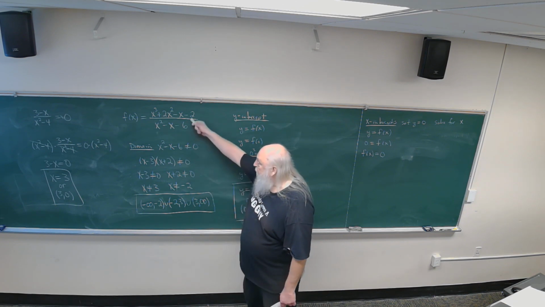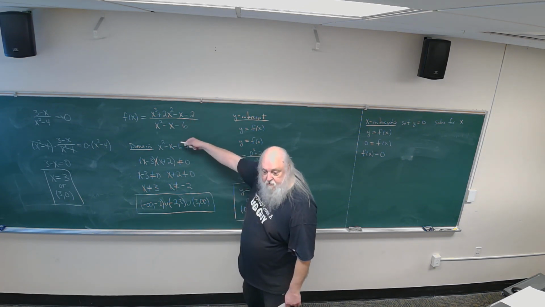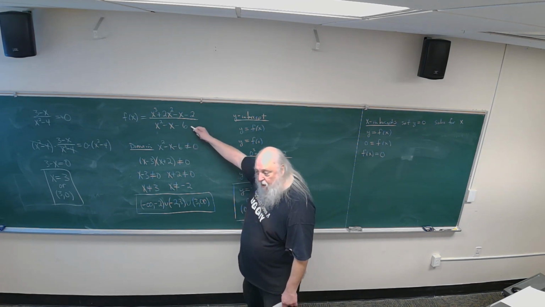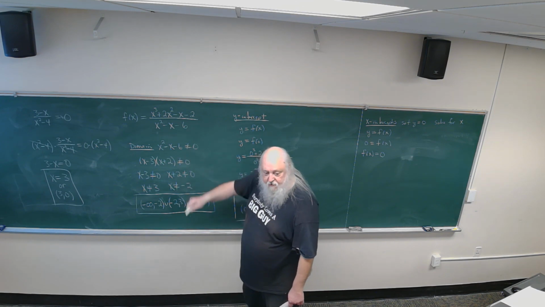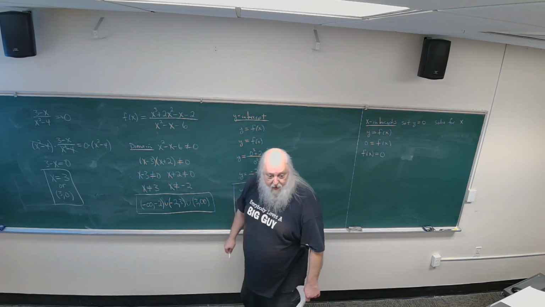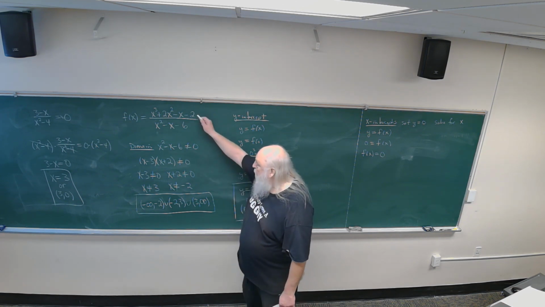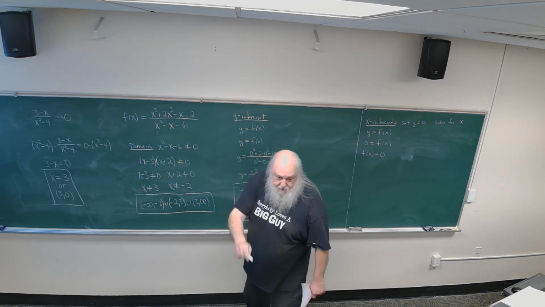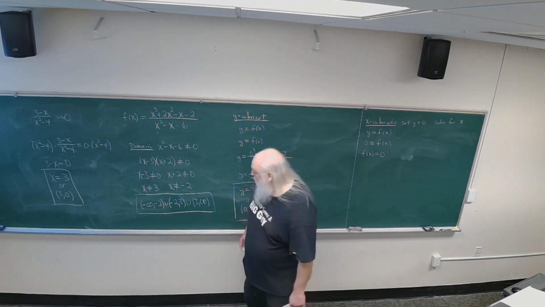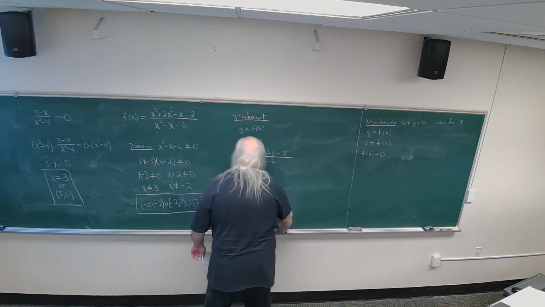Before we do that, we've got to find out if there are any common factors in the numerator and denominator involving x. Because if there are, instead of an x-intercept at that value of x, we have a hole in the graph at that value of x. Okay? So we don't want to confuse a hole in the graph with an x-intercept.